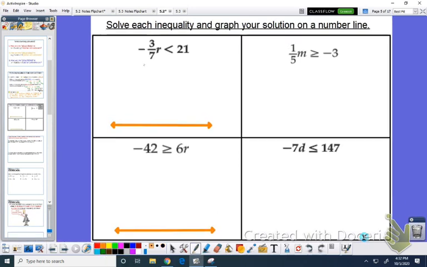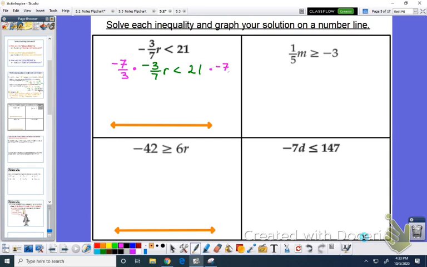So negative 3/7 r is less than 21. We have a fraction in front of our variable. Just like back in chapter 2, we're going to solve this the same way. We are going to multiply by the reciprocal. So I'm going to multiply both sides by negative 7/3.